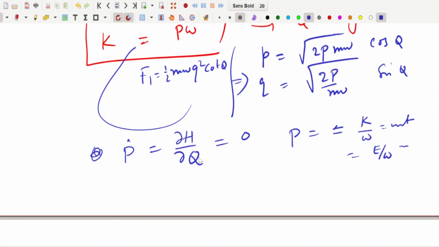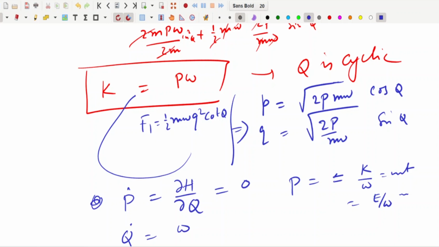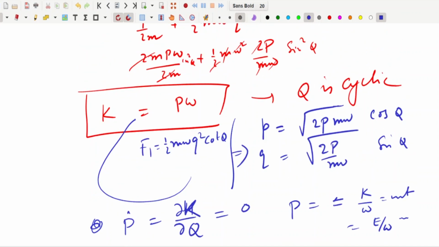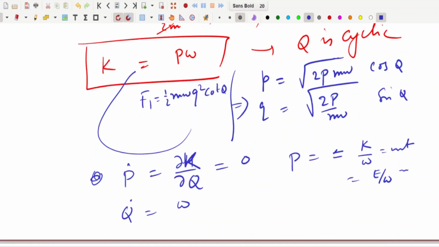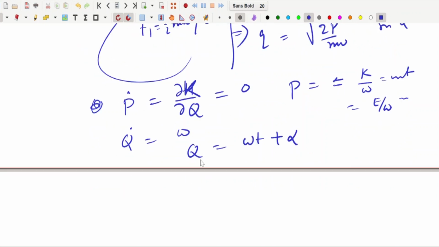Now let us find Q dot. Q dot is del K del P, the new Hamiltonian, which is P omega. So it is just omega, and omega is constant, so Q will be omega t plus alpha. So Q changes linearly.